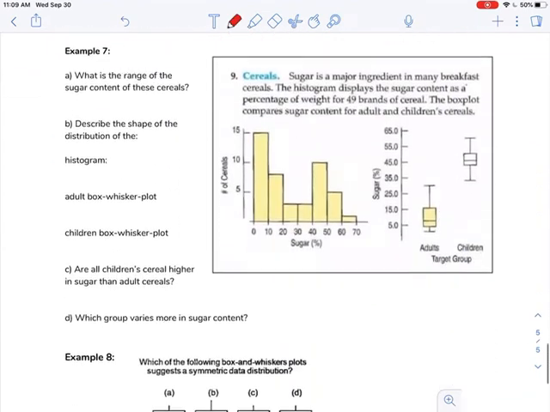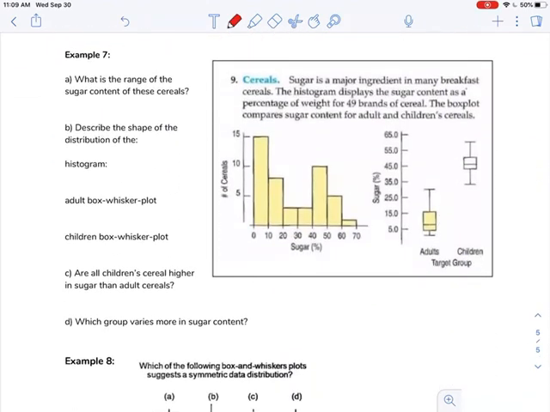All right, next example. Looking at this data, what is the range of the sugar content of these cereals? Well, we know that our high, let's see, where's our high? Oh, sugar content, sorry. We're looking at sugar.